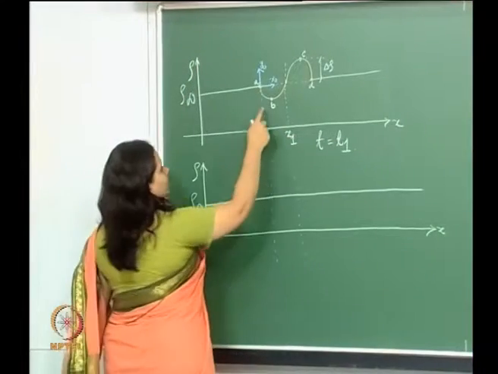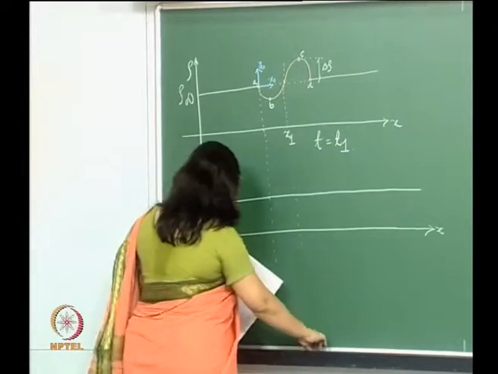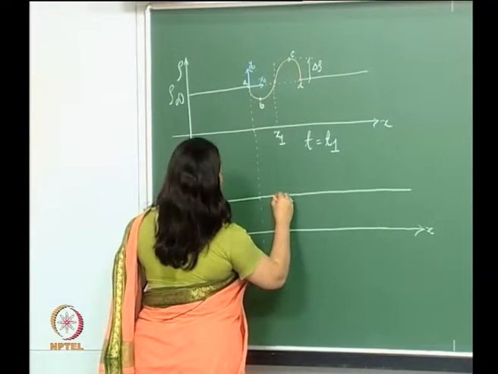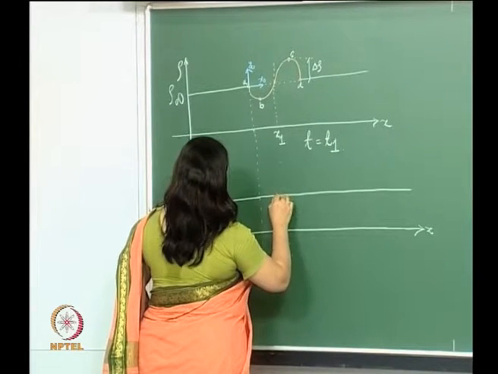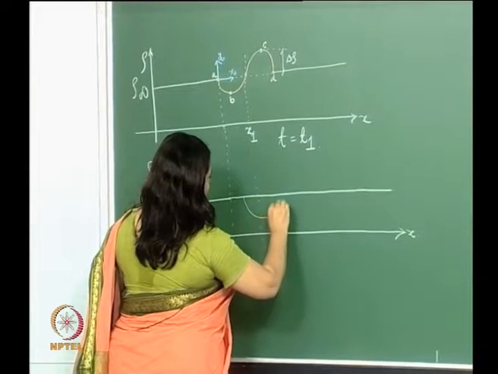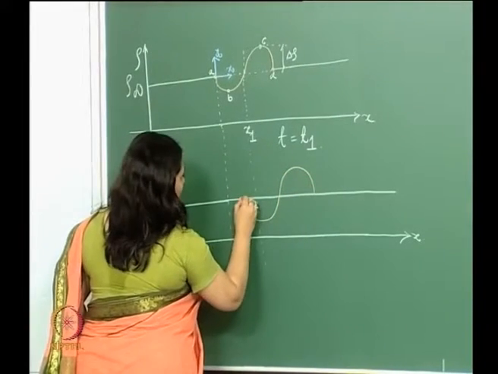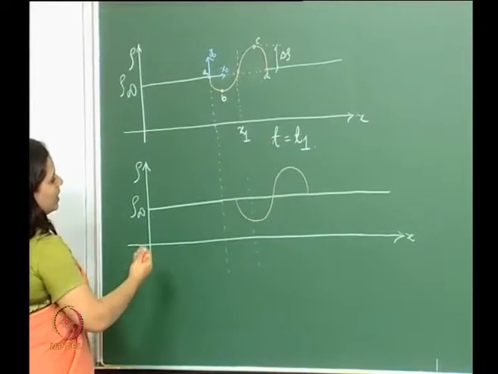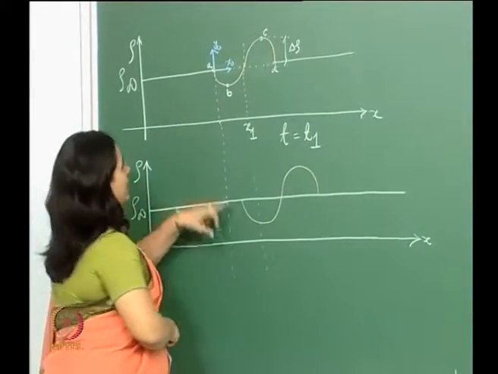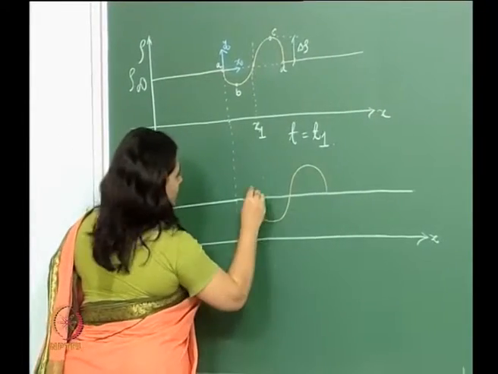Now, what does this look like as I go further down x? We could just draw it this way. I am going to just reproduce this. What I try to do here is that this is exactly the same as this one, except that you can see that now it has moved.